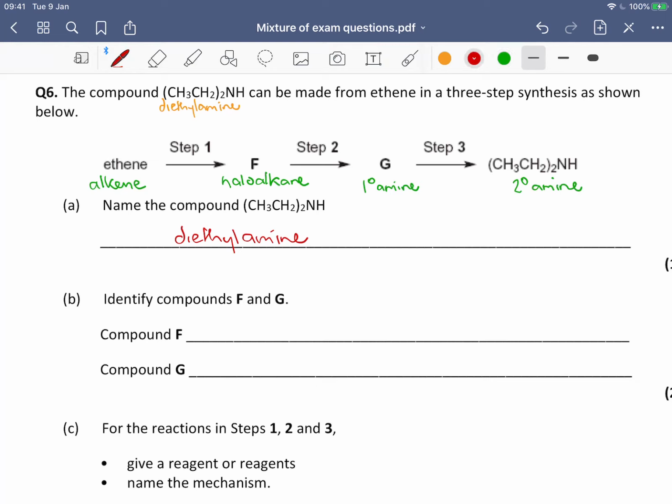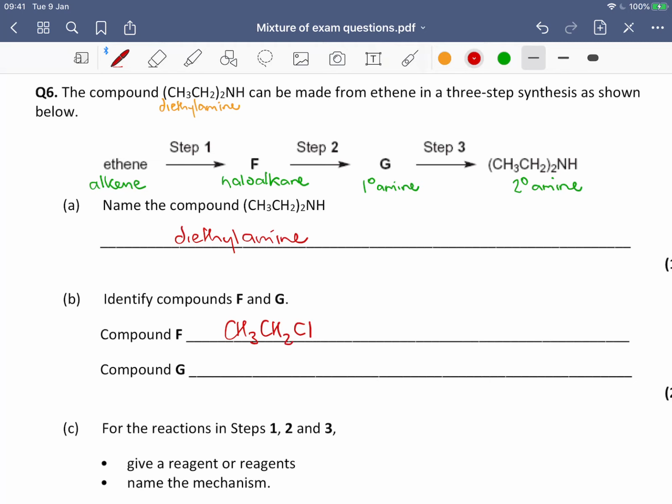So F is a haloalkane made from an alkene. It's got to be just a mono haloalkane. It doesn't matter which halogen it is. Normally answers will feature either bromine or chlorine. It's going to be chloroethane or bromoethane, so it doesn't matter which of those you put.